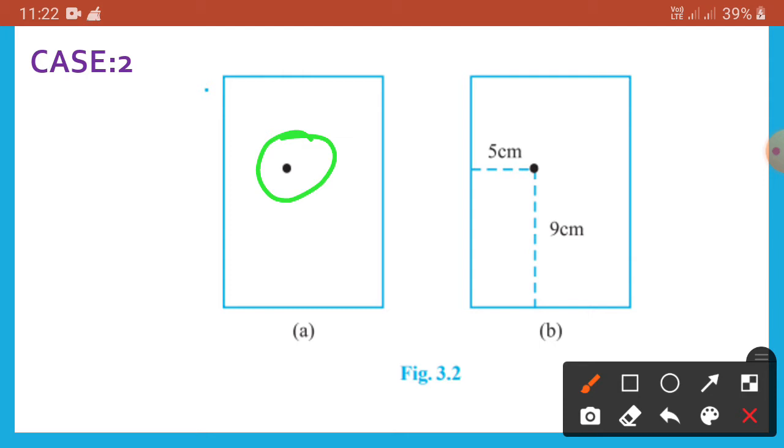If I say that the dot is nearly 5 centimeters away from the left edge and 9 centimeters above the bottom line, then it will be the exact position of this dot. We come to know where the dot is exactly situated.